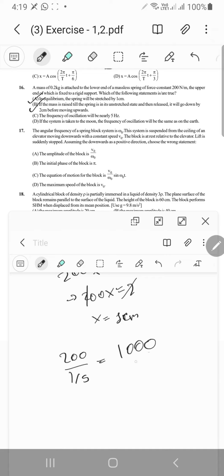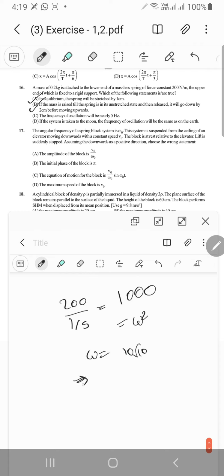Okay, so 1000 is omega squared. Omega should be 10 square root 10, in radians per second. We want it in hertz, so this is 10 square root 10 upon 2 pi cycles per second. So this should be 5 square root 10 upon pi.